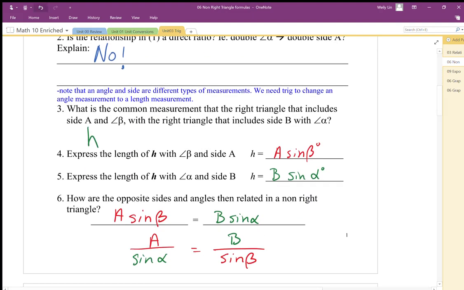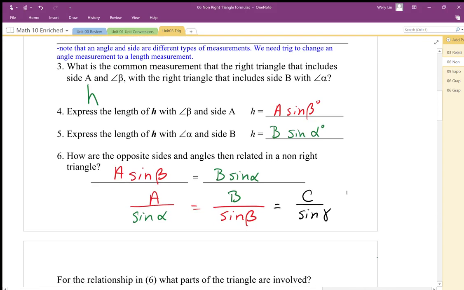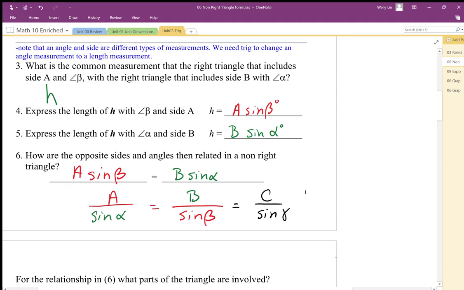So I'm going to add in that this holds true for side C compared to sine of the angle gamma. These are side and angle opposite pairings. So there is this law called the Sine Law.